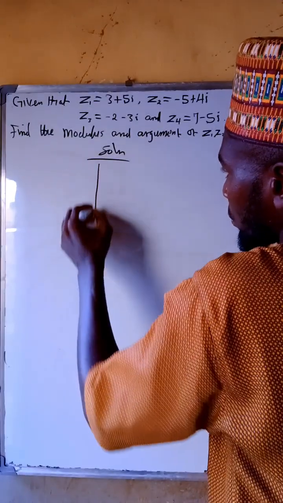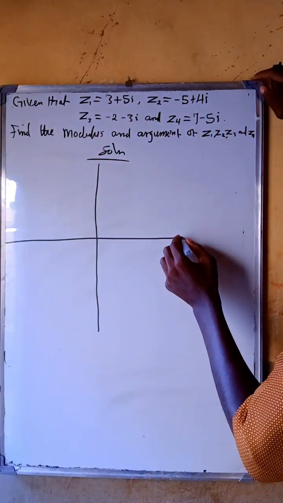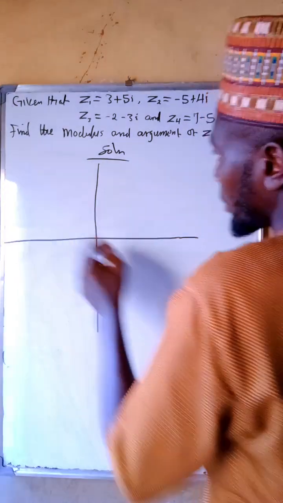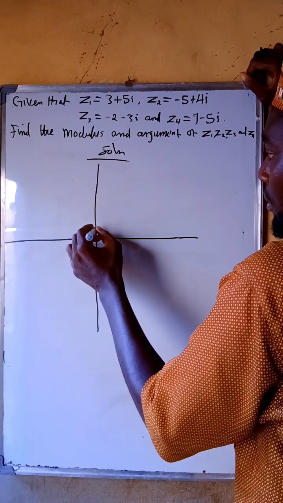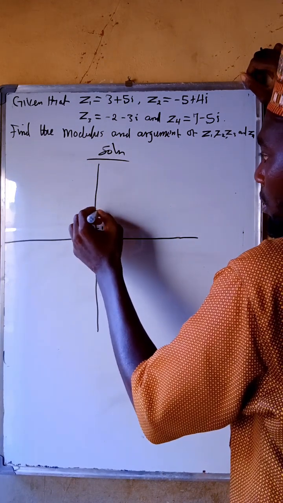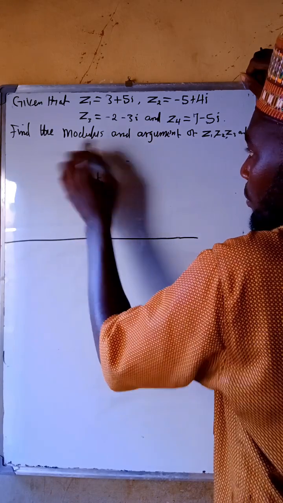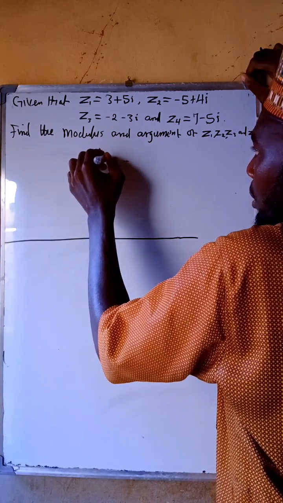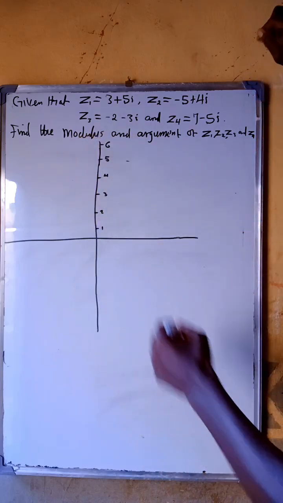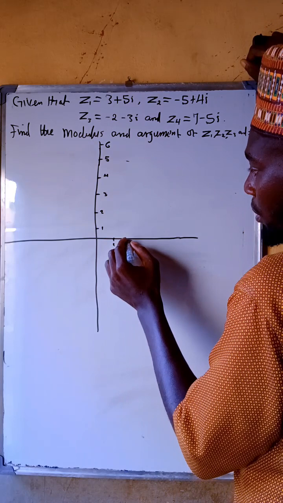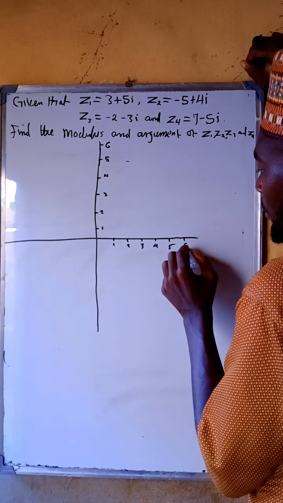Draw our, let's assume this is our axis. We have from here our imaginary part 1, 2, 3, 4, 5, 6. Okay, and from here we have 1, 2, 3, 4, 5, 6.